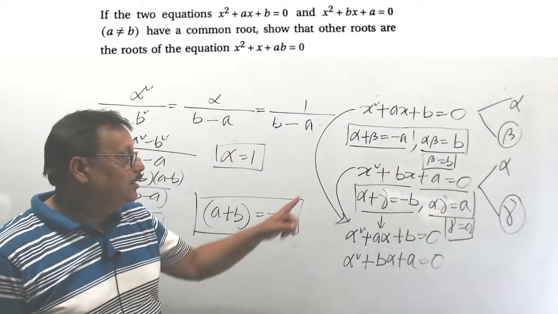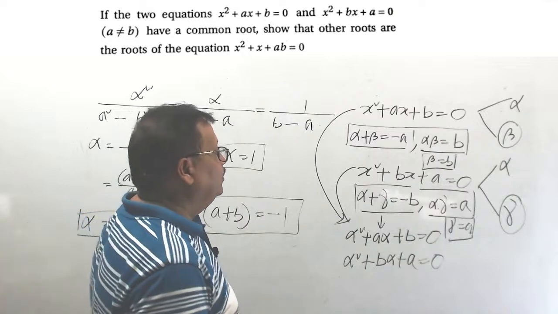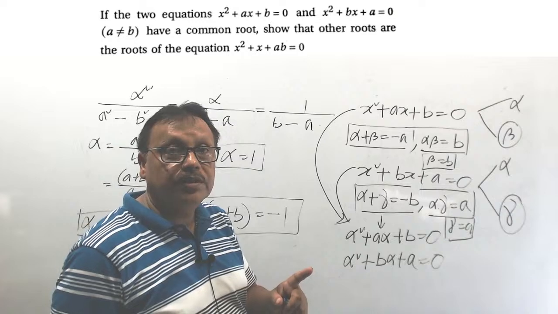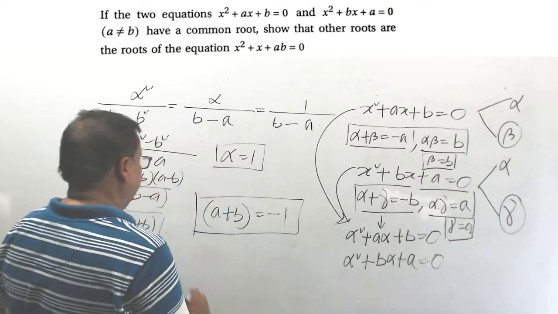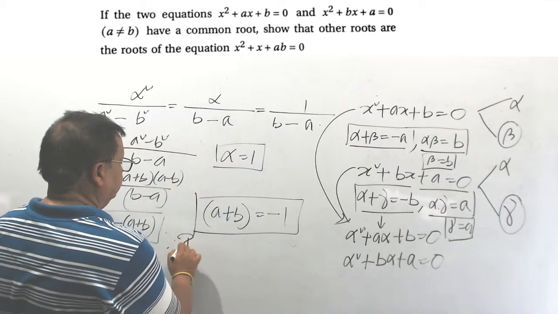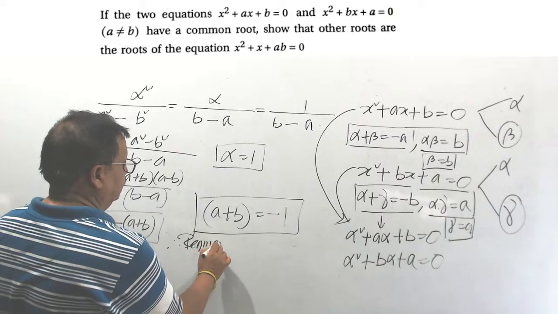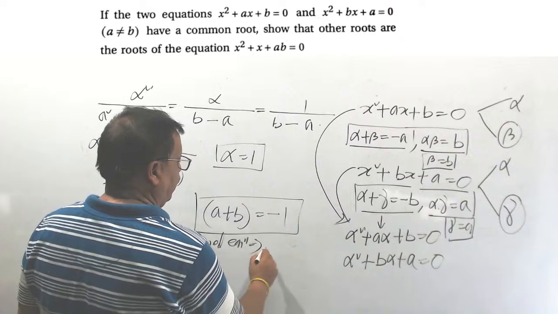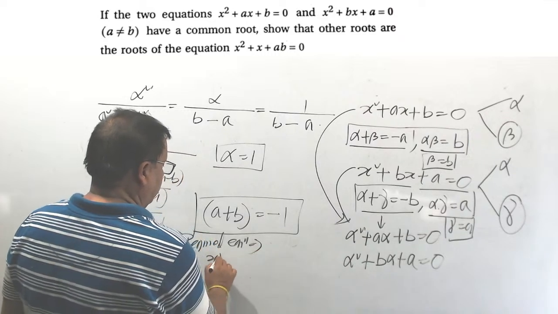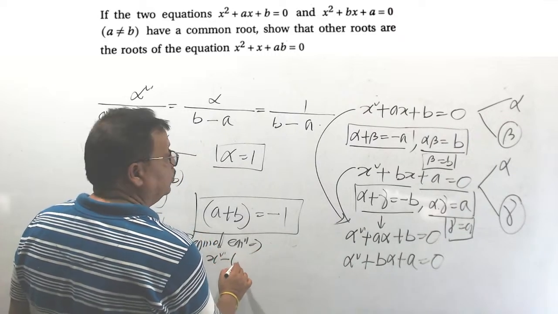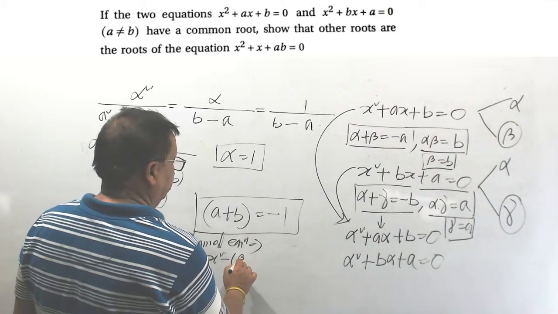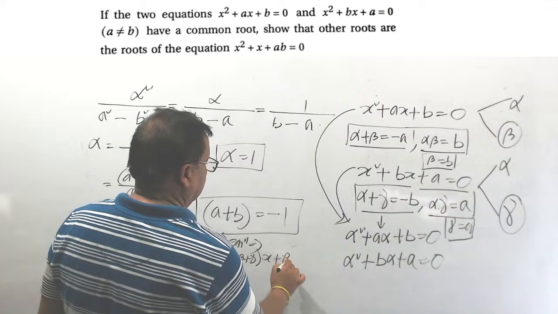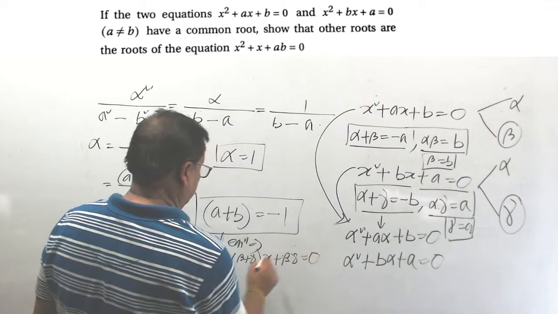Getting my point? Now, what is the equation? Sum of the roots and product of the roots. Therefore, the required equation is given by x square minus the sum of the roots, that is beta plus gamma, into x plus beta gamma is equal to 0.